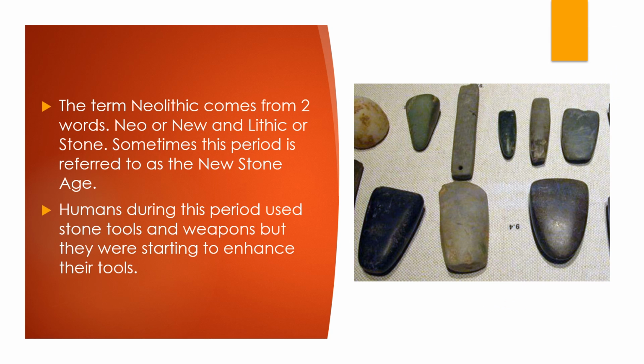The term Neolithic comes from two words, neo or new and lithic or stone. Sometimes this period is referred to as the New Stone Age. Neolithic is the youngest period of the Stone Age. Humans during this period used stone tools and weapons, but they were starting to enhance their tools.